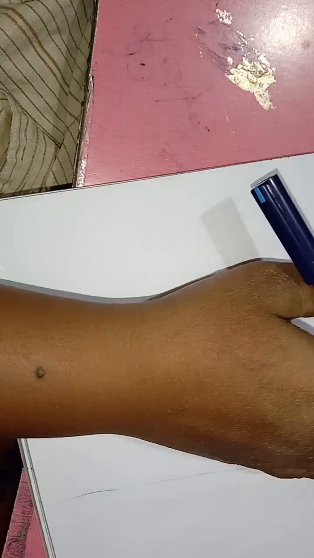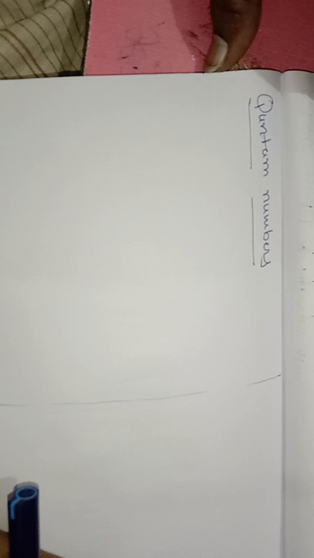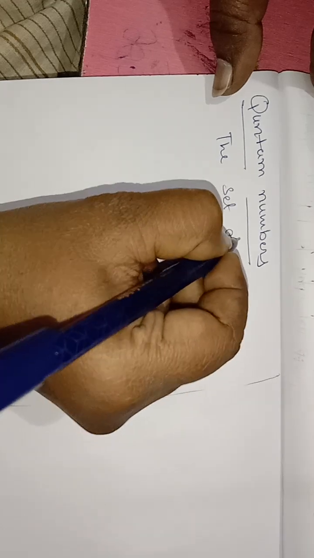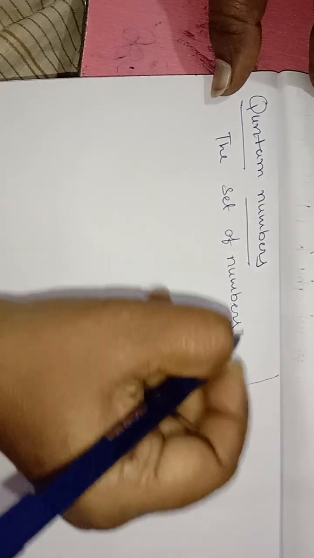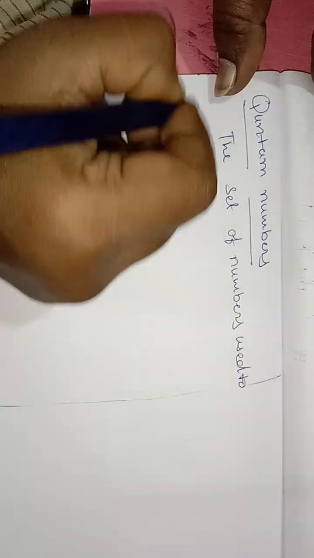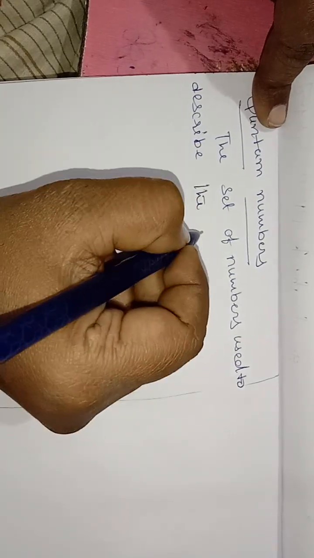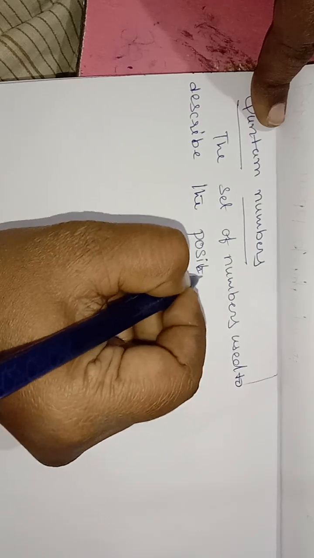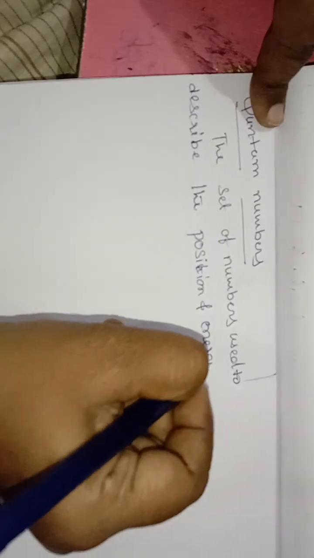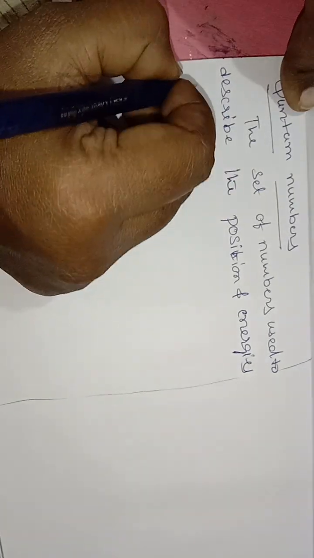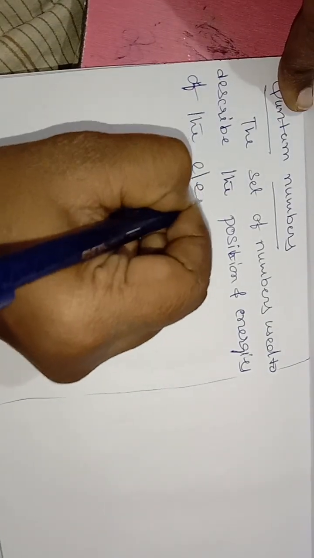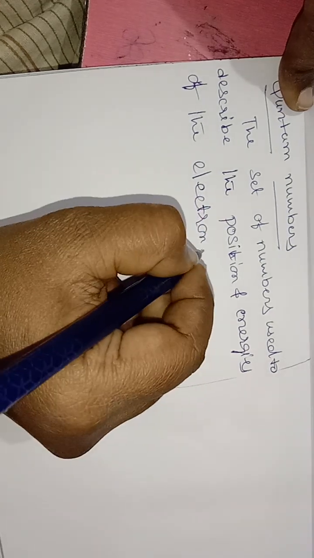What are quantum numbers? Quantum numbers are the set of numbers used to describe the position and energies of the electron in an atom, okay.